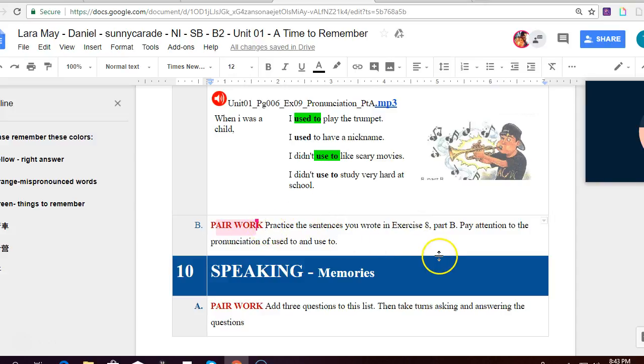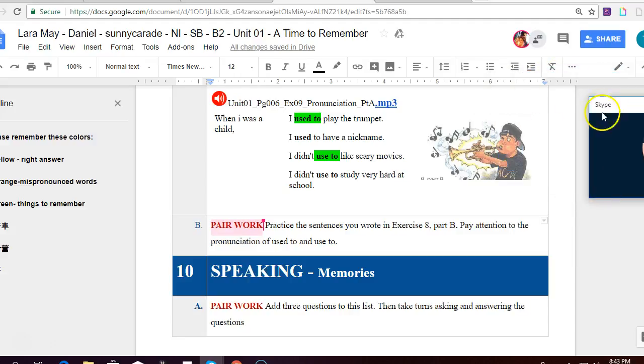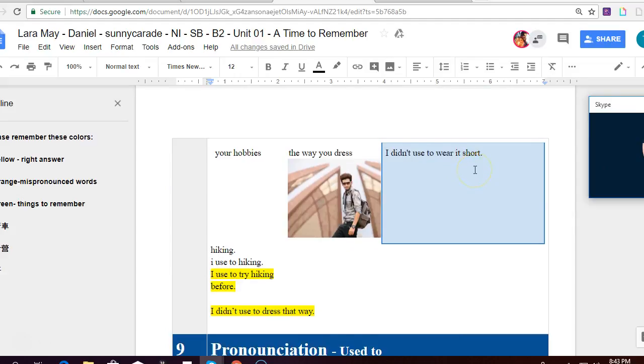Okay, now let's move on to activity B, pair work. Practice the sentences you wrote in exercise 8, part B. Pay attention to the pronunciation of used to and used to. Okay? Okay.